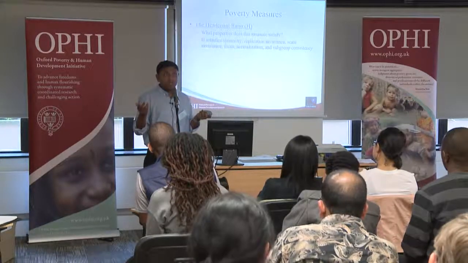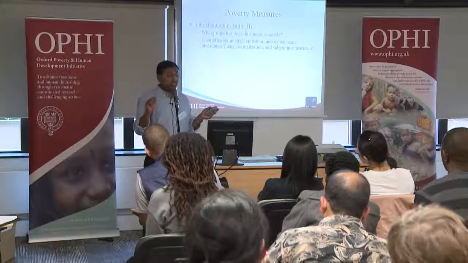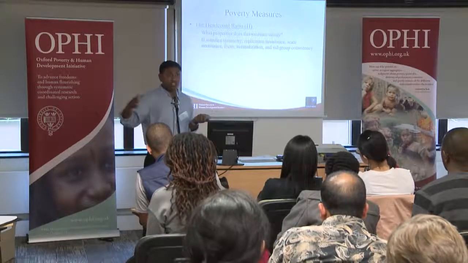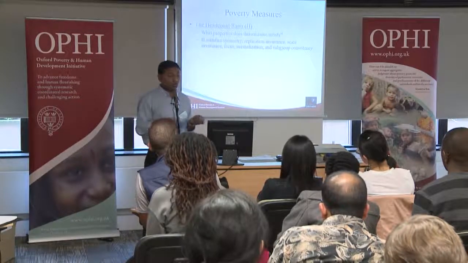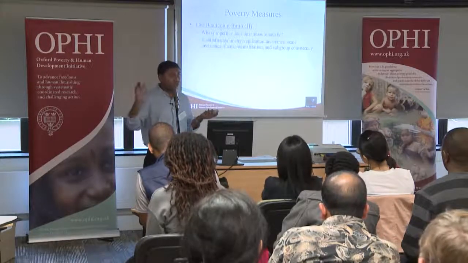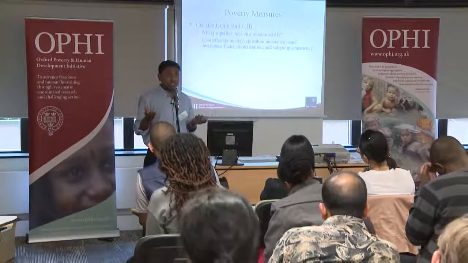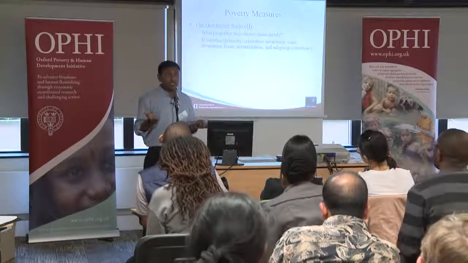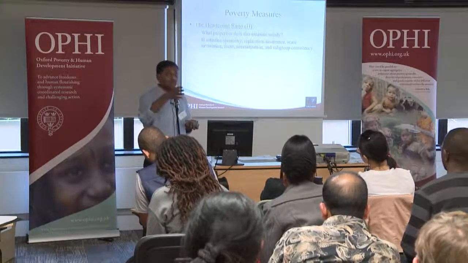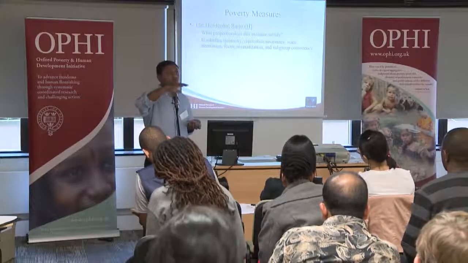Scale invariance: if you change the scale or the unit of measurement, no change. It is focused. It does not change when you change the incomes of the non-poor. Normalization: it lies between 0 and 1. 1 means everybody is poor, 0 means no one is poor. And subgroup consistent, it's even additively decomposable. That means you can compute the overall headcount ratio as a population weighted average of the subgroup headcount ratios.